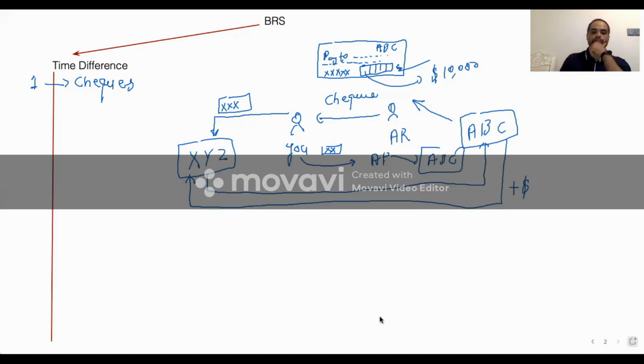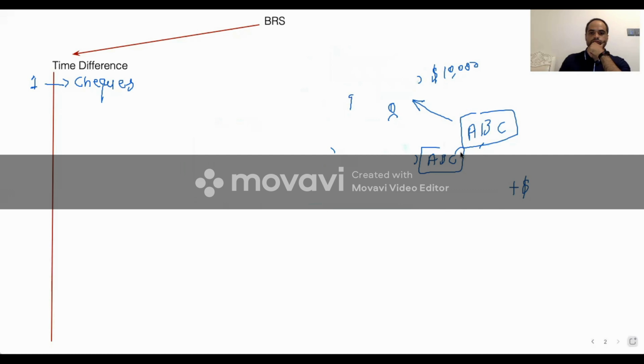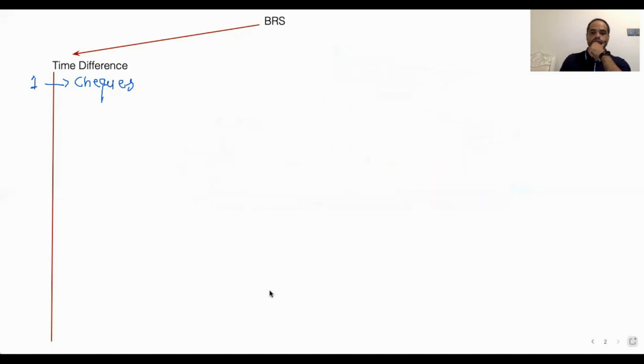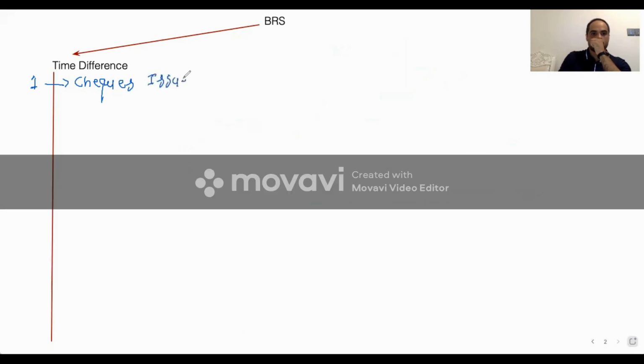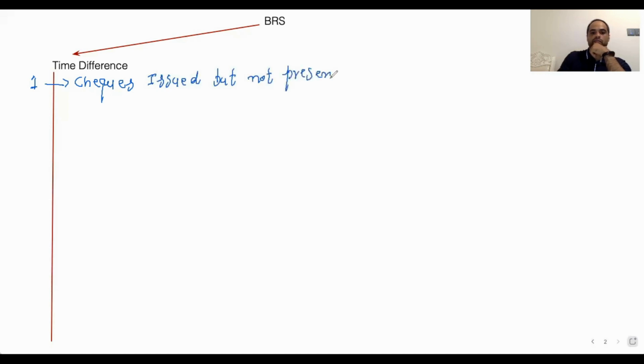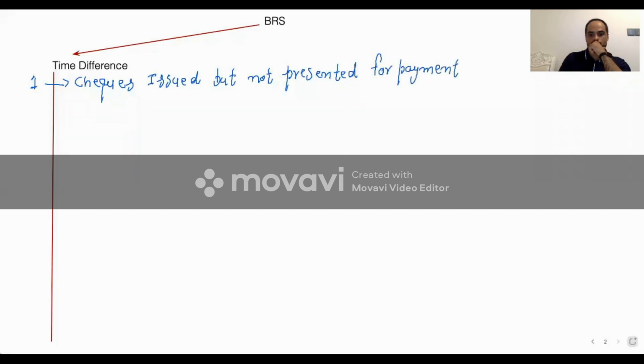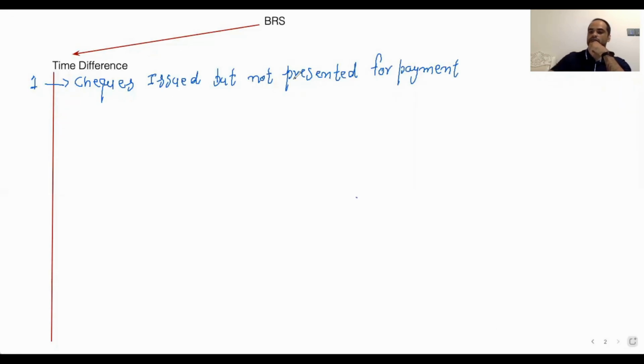The first timing difference is check issued but not presented for payment, right? Check issued but not presented for payment.